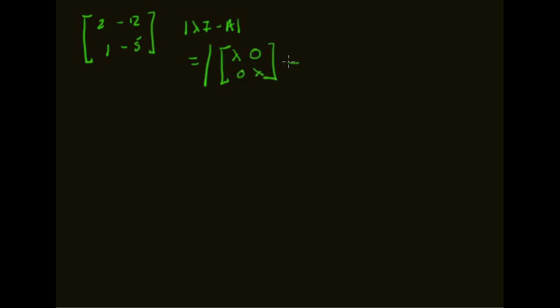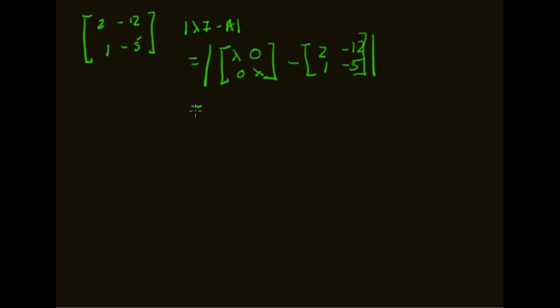Okay, so here we go. Let's take an example here. Let's take the matrix with rows 2, -12 and 1, -5. The characteristic equation, the determinant of lambda I minus A, where lambda I is lambda, 0, 0, lambda, minus A, which is 2, -12, 1, -5.